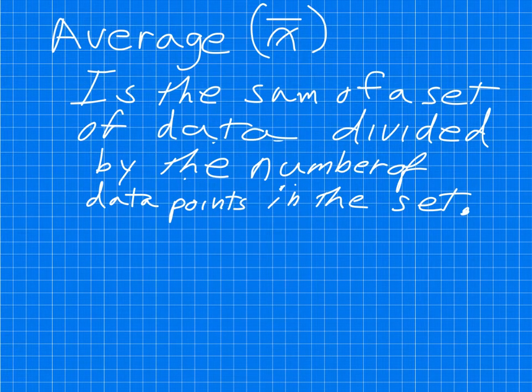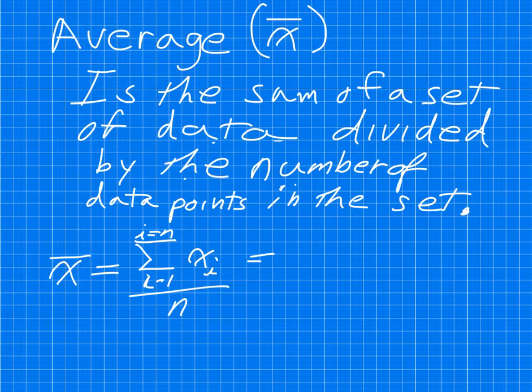Now, if we wanted to be super fancy, we could say that the average is the sum of x's from i equals 1 to i equals n divided by n.